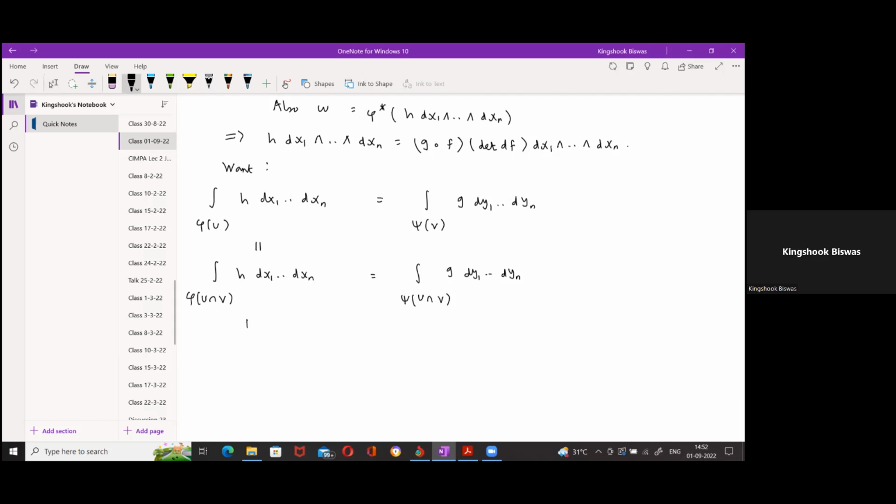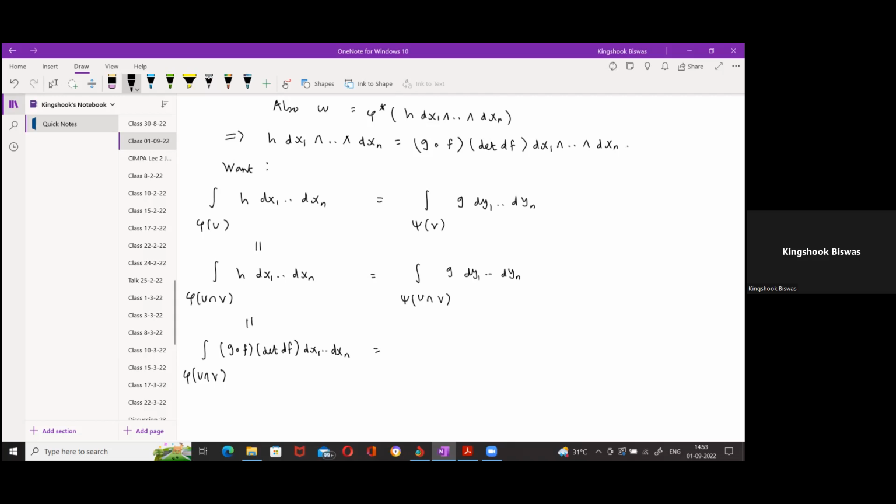So this left hand side becomes the integral over phi of U intersect V of G composed F, det df, dx1 dxn, right?